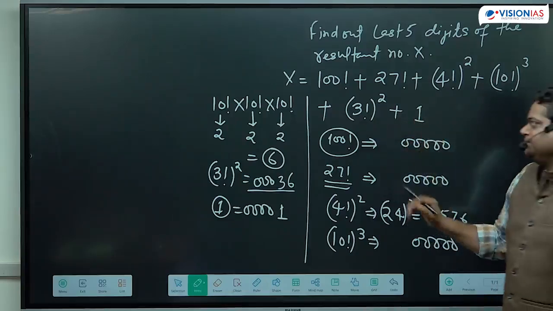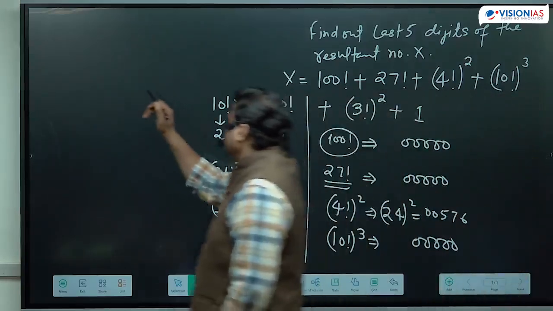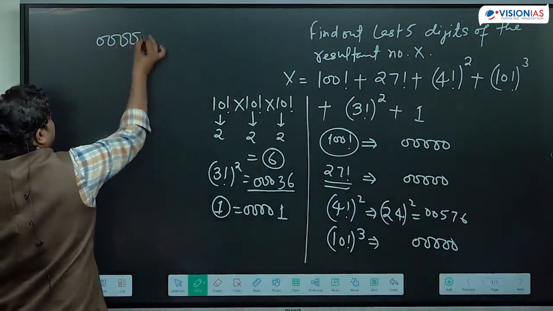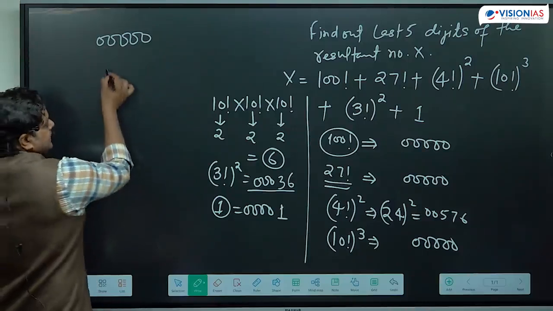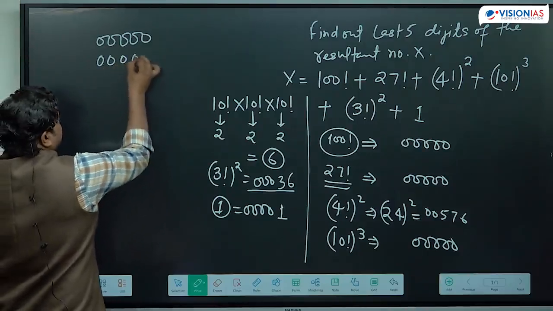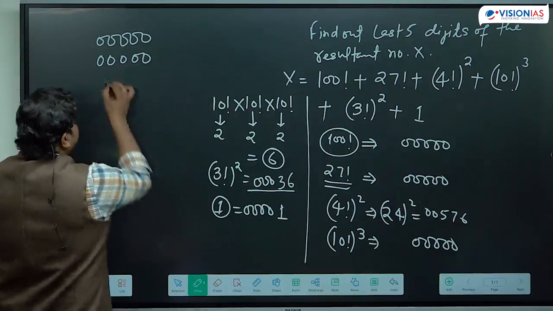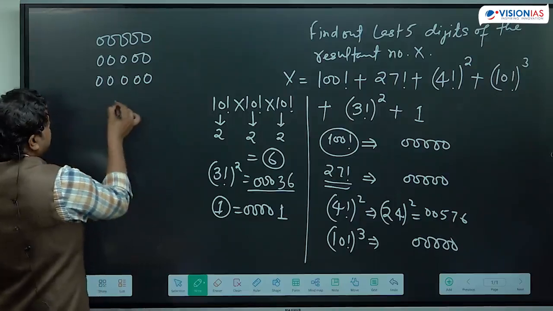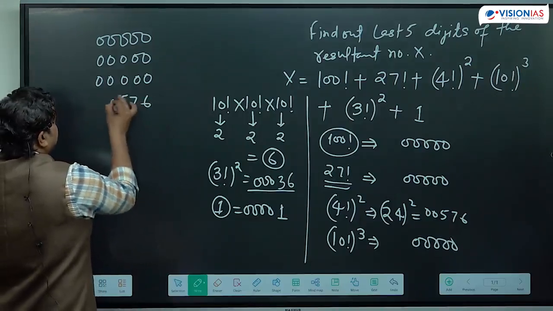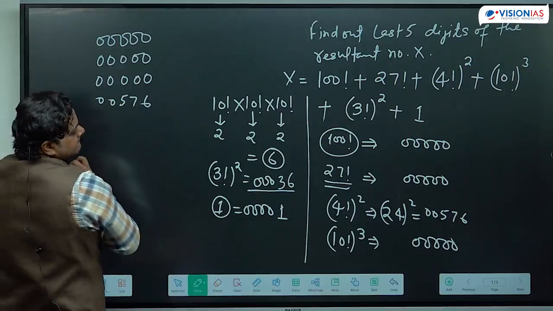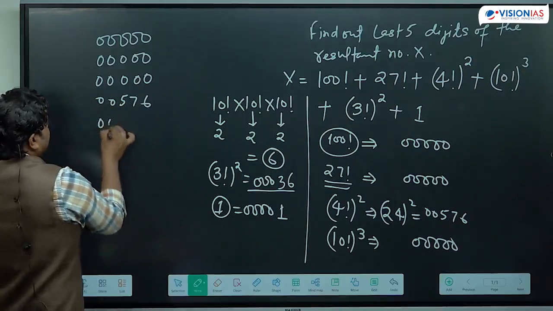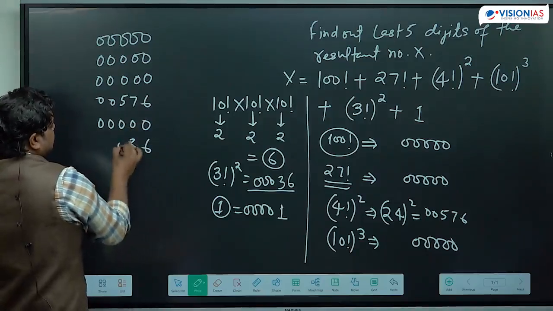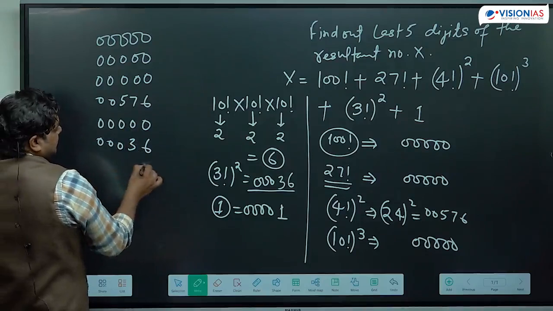It has come out, now we have to add. What are we getting? First term 2 3, second term all zeros, third term all zeros, fourth term 5 7 6, then 1 2 3 4 5, then 3 6, then we have 1.